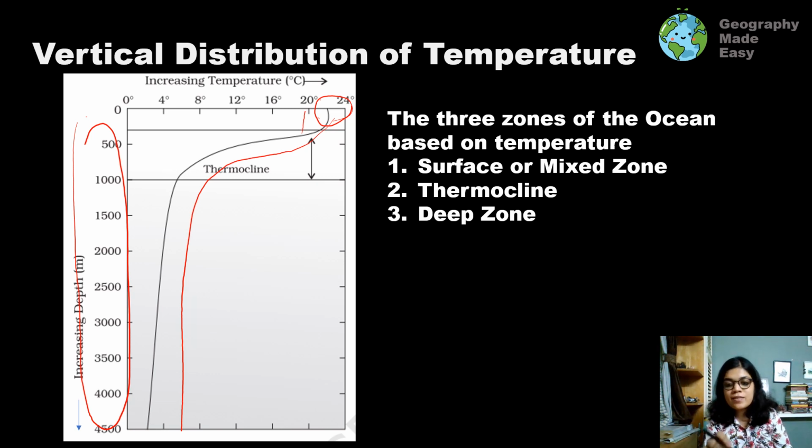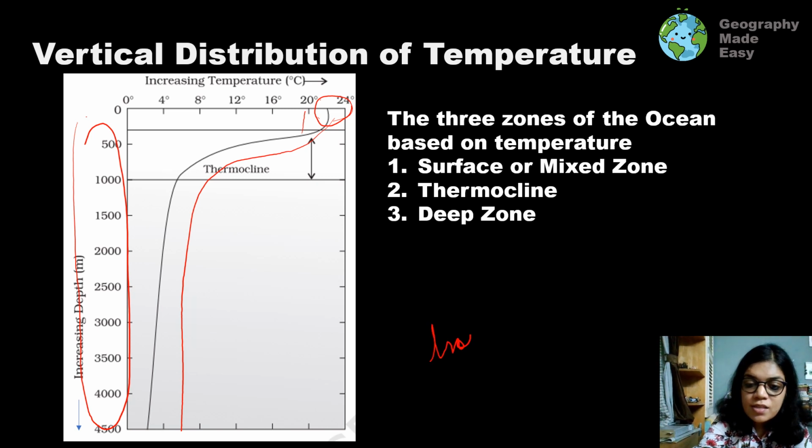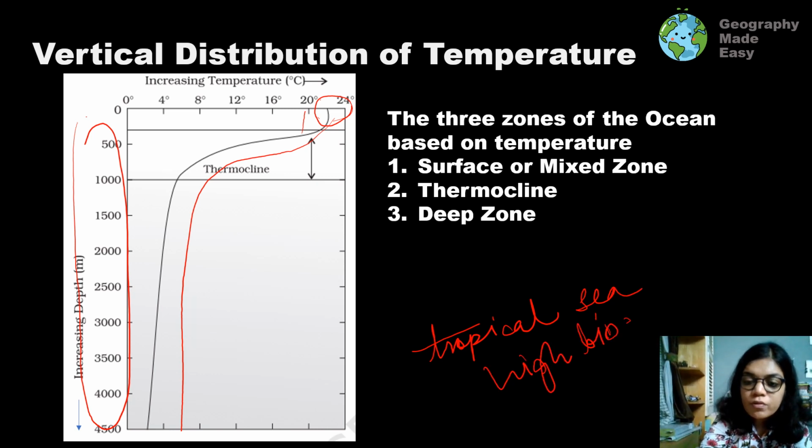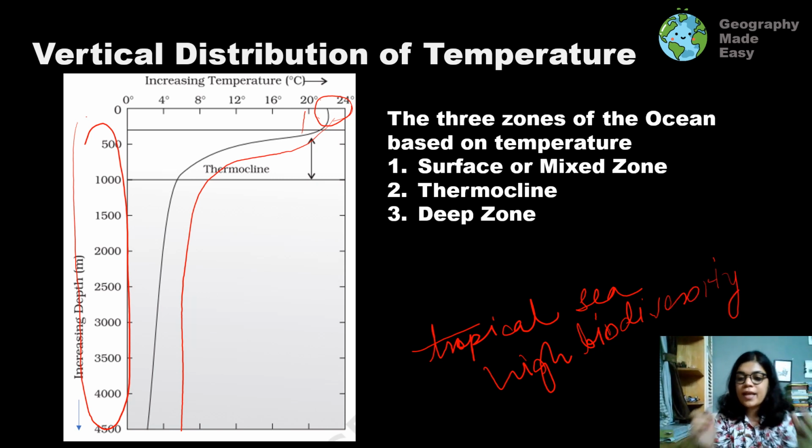Most organisms are located in the surface zone and we have high biodiversity, especially when we look at the tropical seas. This happens because of the temperature. A warmer sea can encourage the growth of more plants and animals.